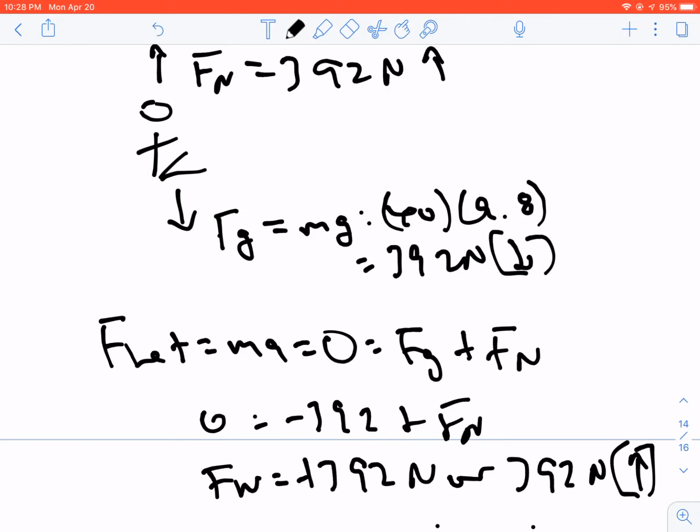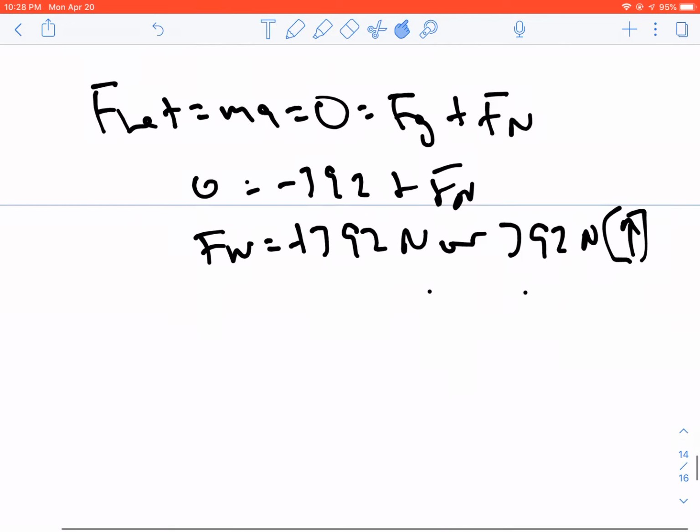Okay, so there's sample number 6, and then sample number 7 in the textbook. This one's on page 164. It shows a picture of a person sitting on a box, and the crane is lifting the box up, and the crane is exerting a force of 92 newtons.